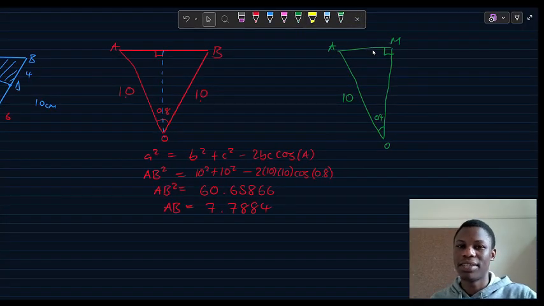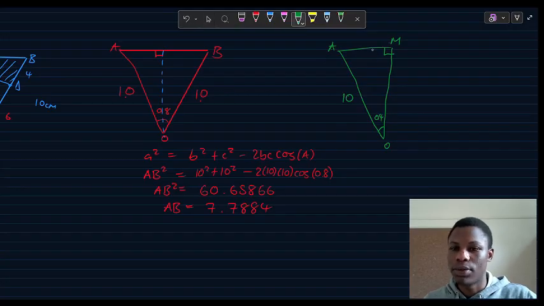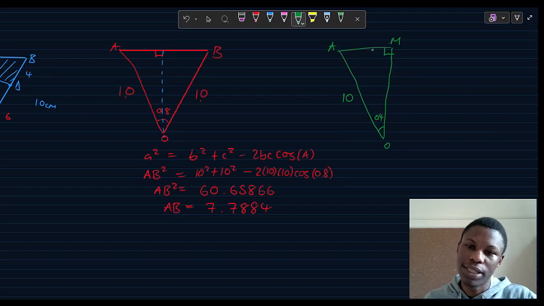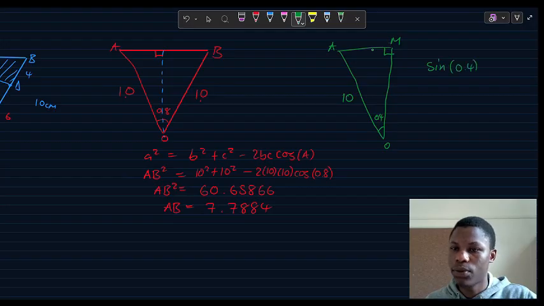And once we have this triangle, it's a right-angled triangle, so we can use SOHCAHTOA. We have the hypotenuse, which is OA, and we are interested in the opposite, which is AM. So that has to be sine. So you can say that sine of our angle 0.4 is equal to our opposite, which is AM, over our hypotenuse, which is 10.